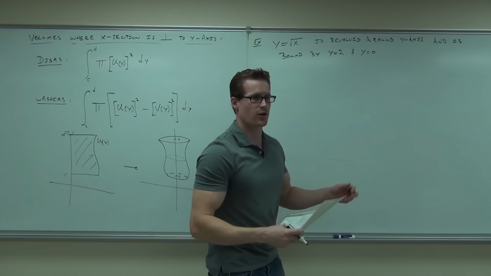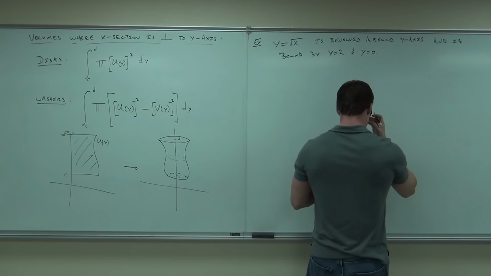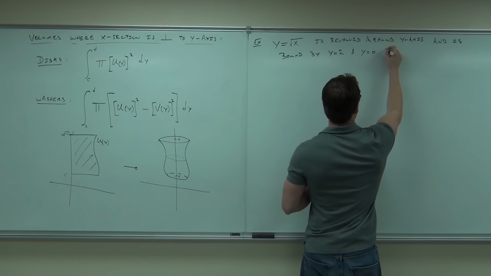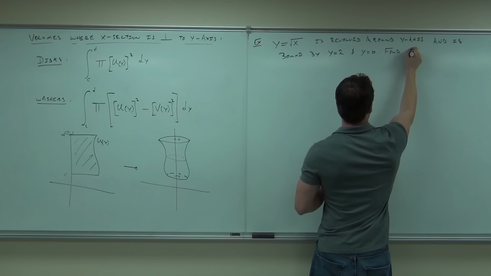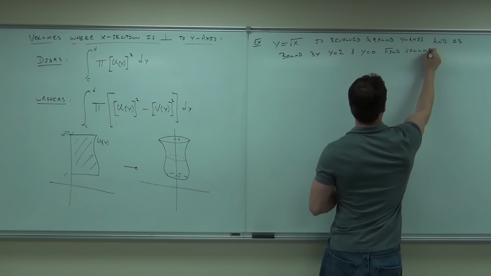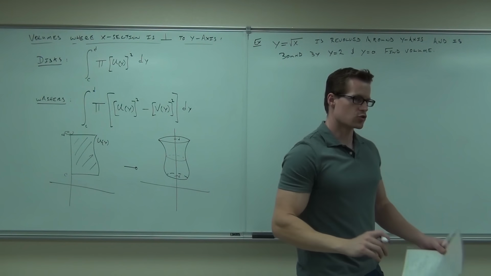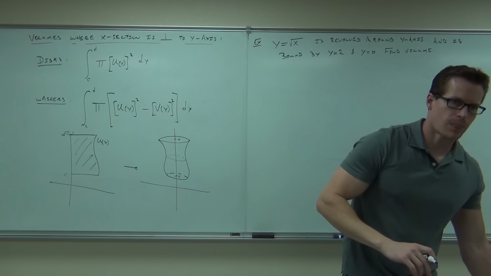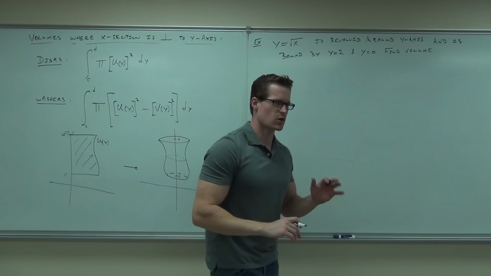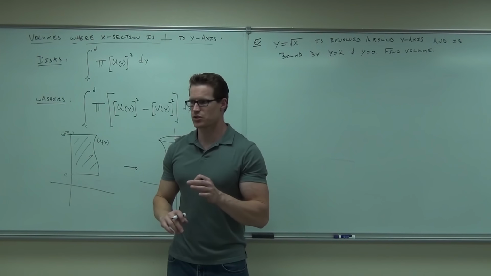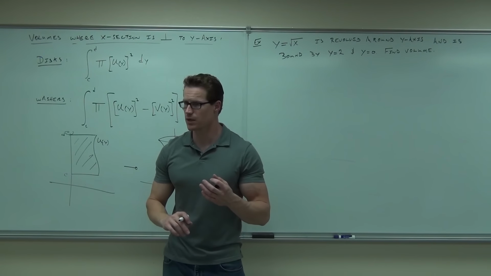What I'd like us to do is find the volume. Now, you can draw a picture of this, but you don't need to. I want to draw the picture so you see what's going on, but you just need to understand what all these pieces mean, okay?